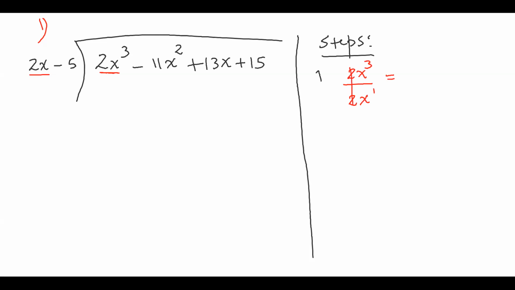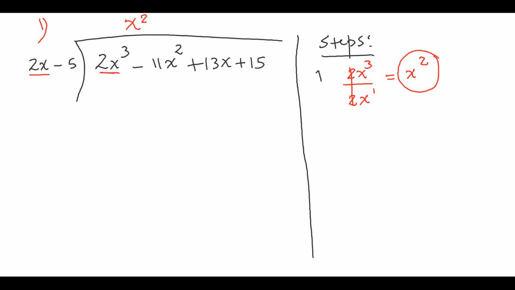Remember when we do division, by the rule of exponents, we have to subtract the powers. So 3 minus 1 is going to be 2. So this x squared is our quotient, so that goes to the top. I'm going to circle all the quotients here.